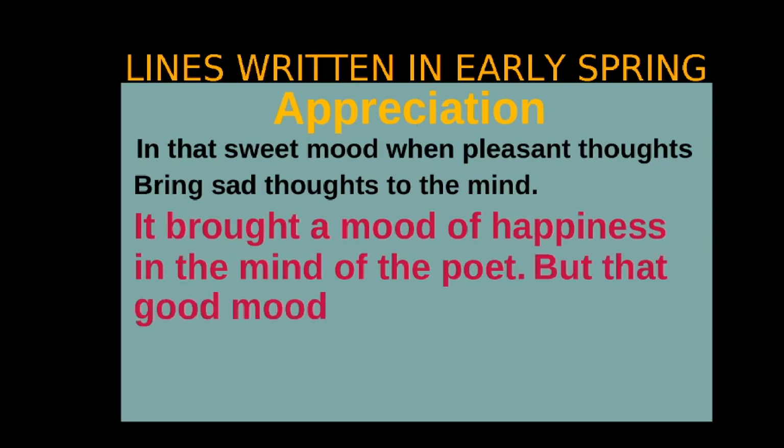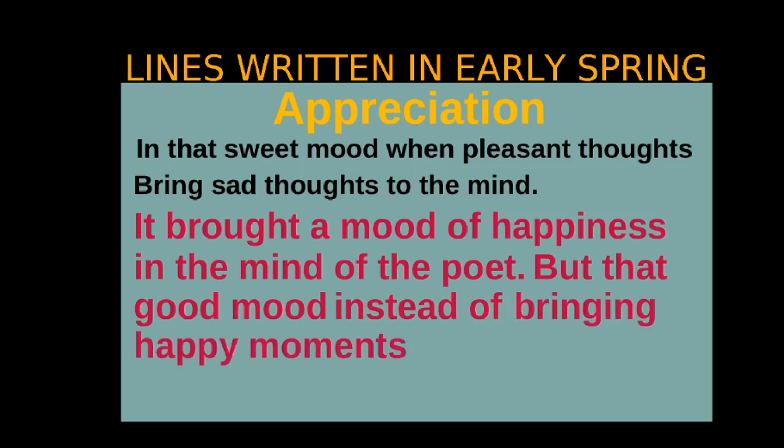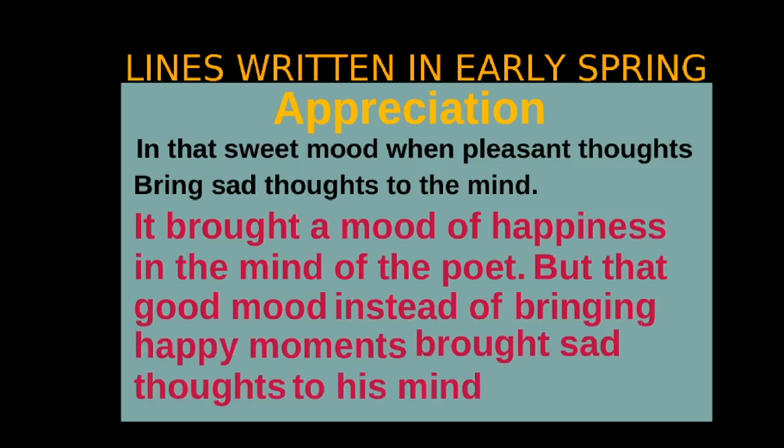But that good mood, instead of bringing happy moments, brought sad thoughts to his mind. So here the poet tells that he was very happy when he heard a thousand blended notes, and he does not know what happened when that sweet mood changed into sad mood.